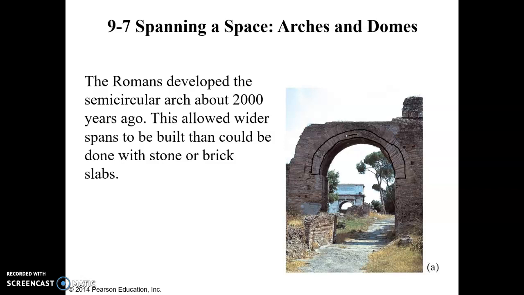An arch does so. All of these rocks are in compression, and the stress vector starts off horizontal and then changes to vertical. So you have all of these stresses, but they're all compressive, pushing down, down, down.